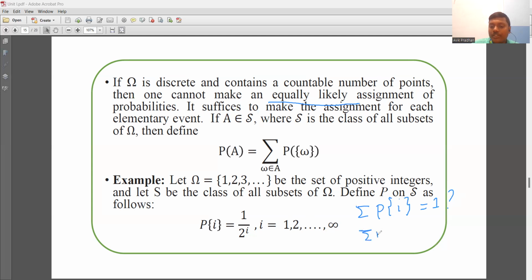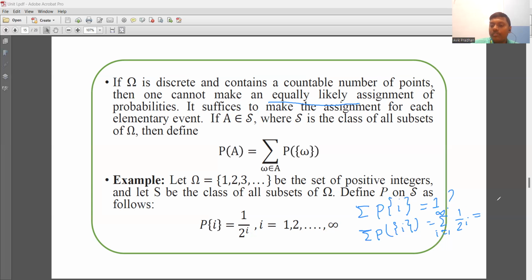Suppose I consider the summation of p_i. That is equal to the summation of 1 by 2 to the power i, i equal to 1 to infinity. We can consider this as a geometric series, so we have a by 1 minus r.